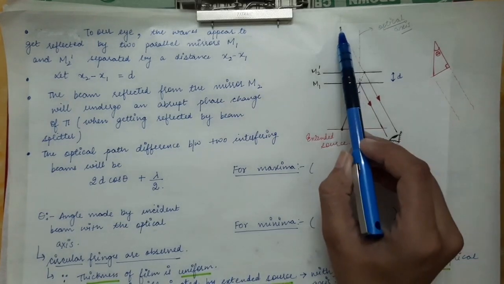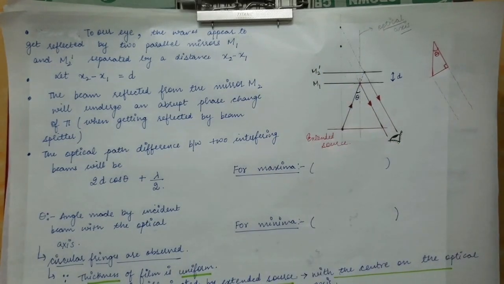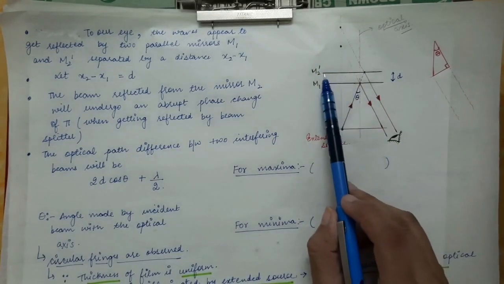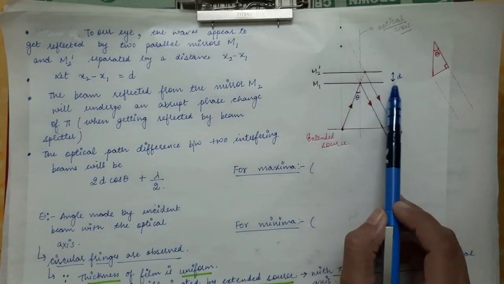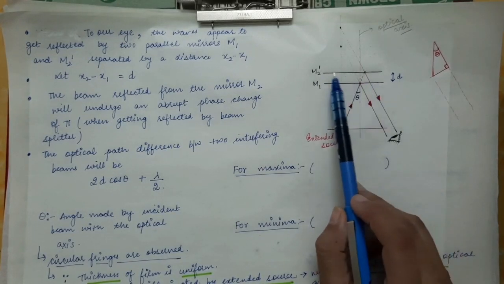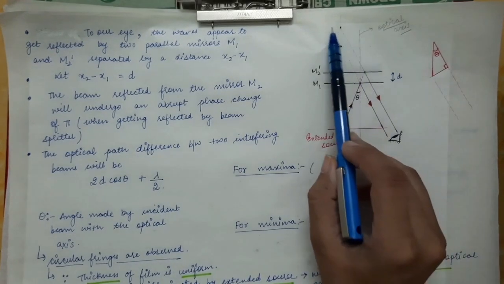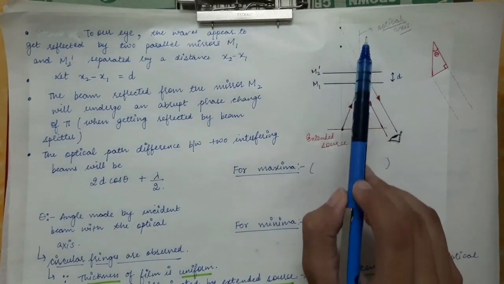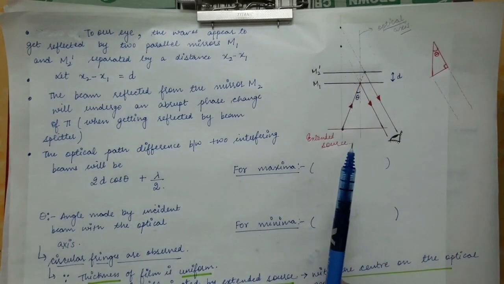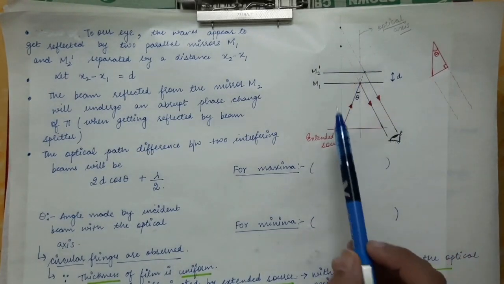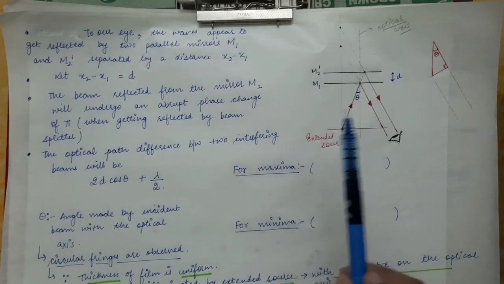Now what will be the distance between these two virtual images? If the distance between these two mirrors is equal to d, then the virtual images will be separated by a distance of 2d. This is simple mathematics; take simple numbers.